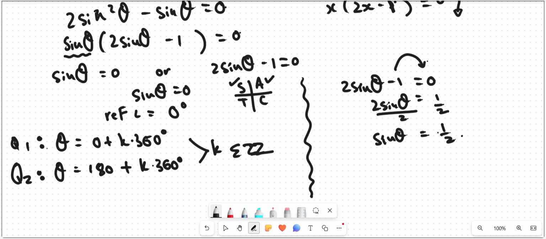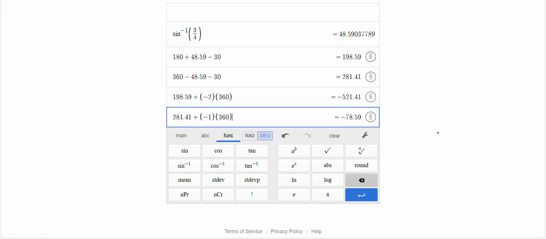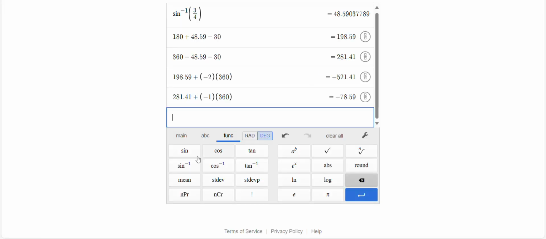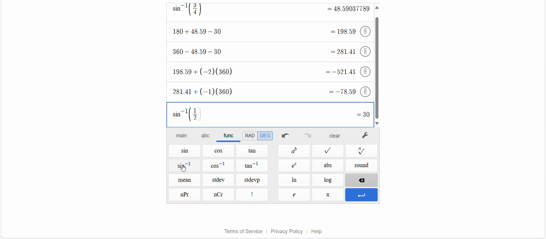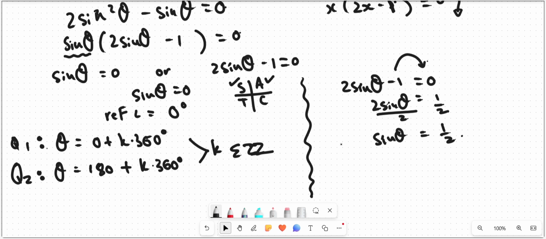And again, if I use my calculator, let me just show you how you plug that in. On your calculator, you're going to say inverse sine of 1 over 2, and what you get is 30. And so that tells me my reference angle for this guy is actually 30 degrees.